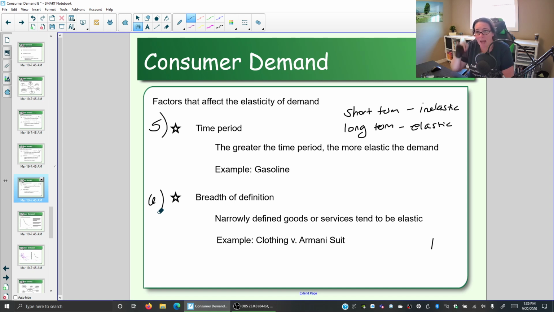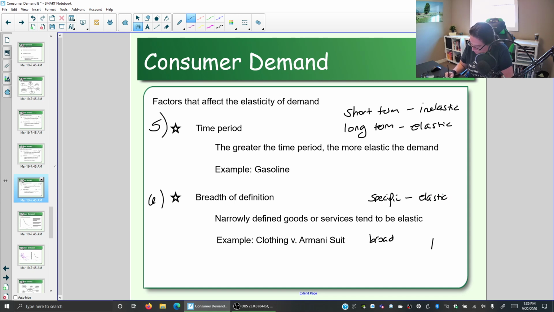We're talking about a particular brand, which means there are now lots of substitutes. So the more specific we are when we talk about a particular brand, the more sensitive we are to the price. Because if an Armani suit gets too expensive, we can switch to a different brand. So if it's more specific in its breadth of definition, then demand is more elastic.